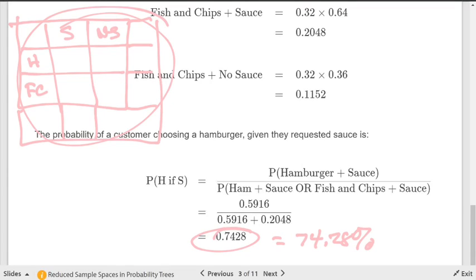But you could calculate them, then put them in the chart as well. And then remember that it's hamburger or fish and chips, so the total would be in addition. So hamburger with sauce was, I can't make it move without this. Then fish and chips with sauce, and then you would just add those two together and see if it gave you the same probability of 0.74. Okay? So it's the same kind of idea. All right.